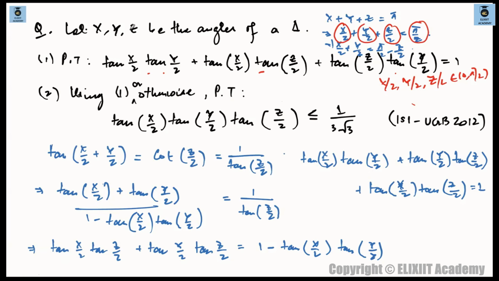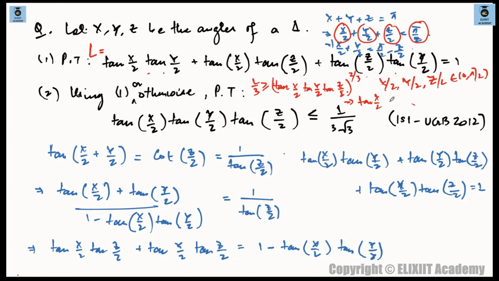This LHS, give it a name, let's say L. So this L divided by 3 is greater than or equal to the product of all of them, tan squared x by 2, that is, tan x by 2 tan y by 2 tan z by 2 whole squared, whole to the power of 1 by 3.